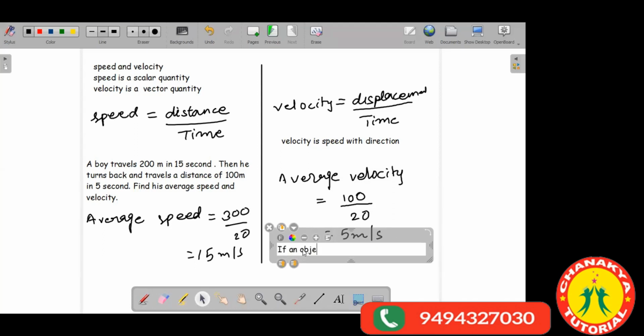If an object moves in a straight line, then speed and velocity are equal. I hope all of you have got this.